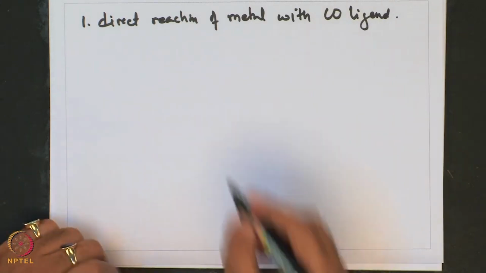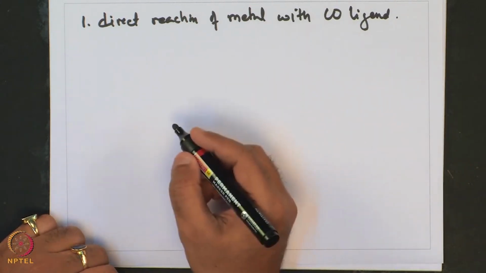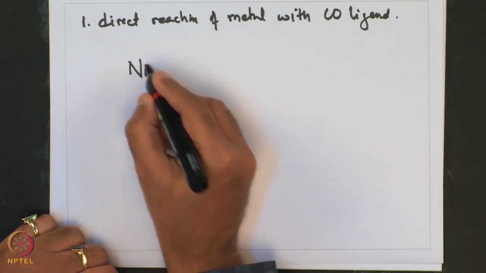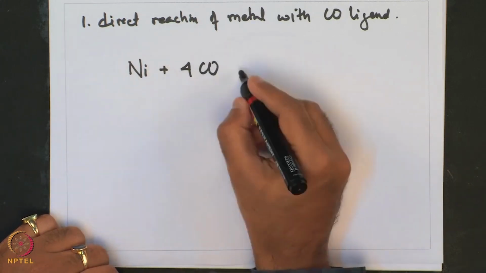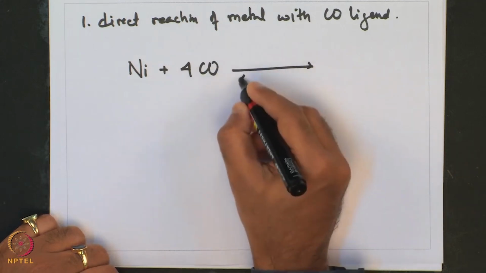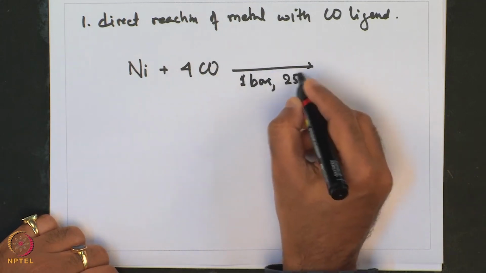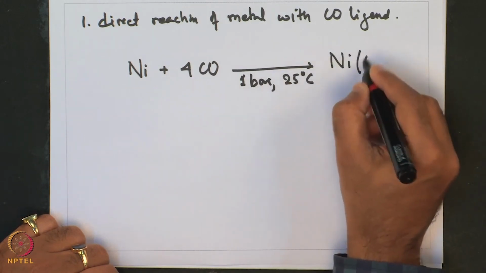These are very difficult compounds to make. Some of them are volatile and also very toxic. For example, nickel plus 4 CO, at 1 bar of pressure and 25 degrees centigrade gives nickel tetracarbonyl.